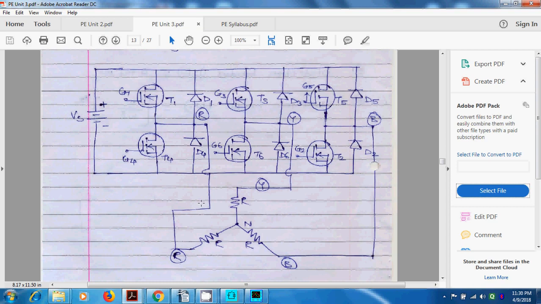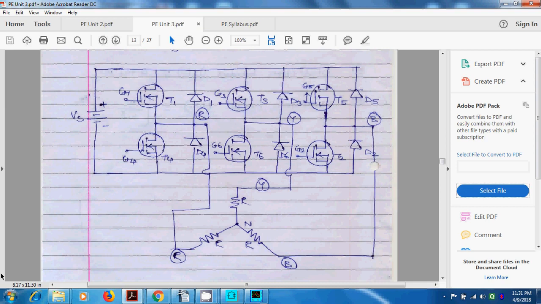Similarly we can find the voltages between two different phases, like R and Y, that is VRY, Y and B, that is VYB, or R and B, that is VRB. We call these line voltages. So phase voltages and line voltages are AC voltages. We are not getting pure sinusoidal AC voltage, but a different shape. What type of shape we get, we already know in the theory.